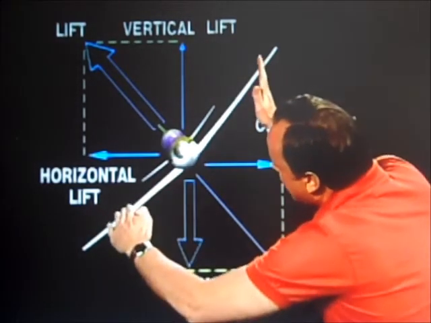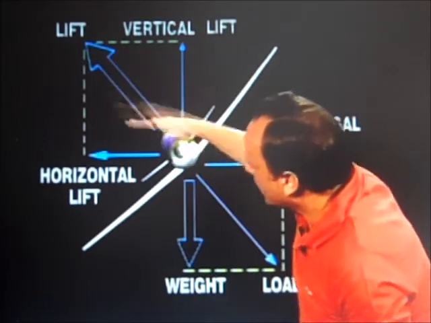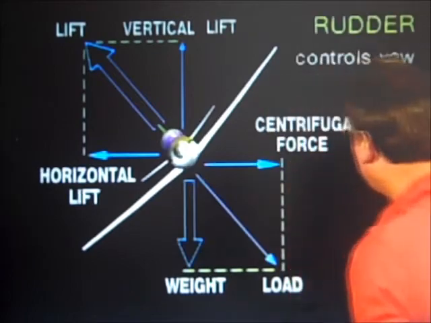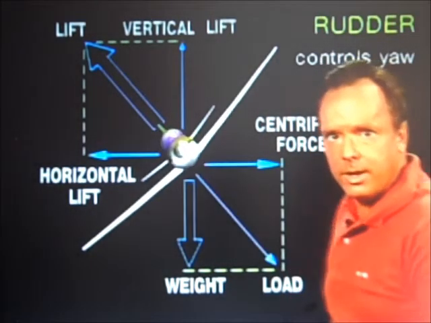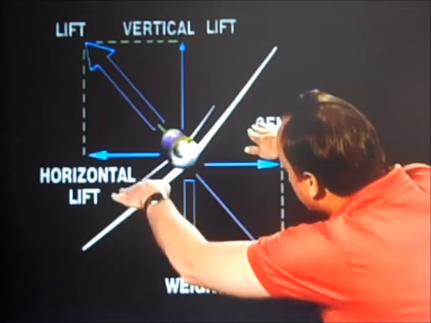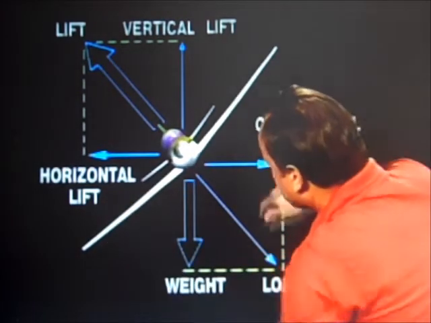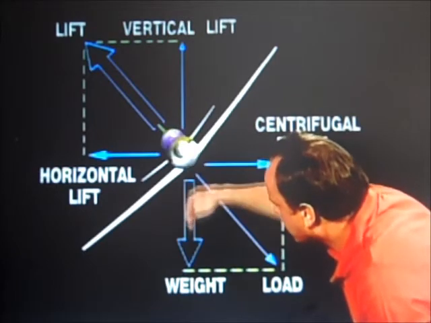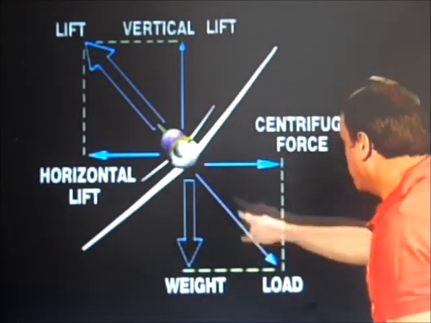Because it's the banking of the airplane and the tilting of the lift and the horizontal component of lift that makes the airplane turn. And what do you use rudder for? You use rudder to correct for the yaw, to control the yaw when you're turning an airplane. Now, notice when you bank this airplane, you now have not only to support the weight of the aircraft, but you also have to support centrifugal force.